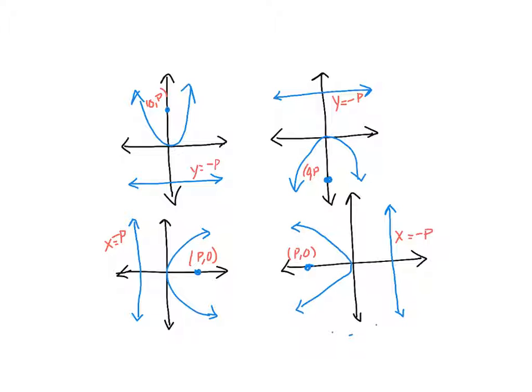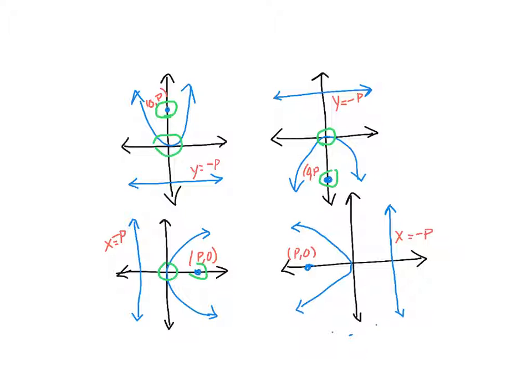So this is just a quick little sketch to remind you that regardless of the direction the graphs open, and I'm sorry, these are really very sloppy graphs, the parabola's vertex and the focus are always in line with each other.